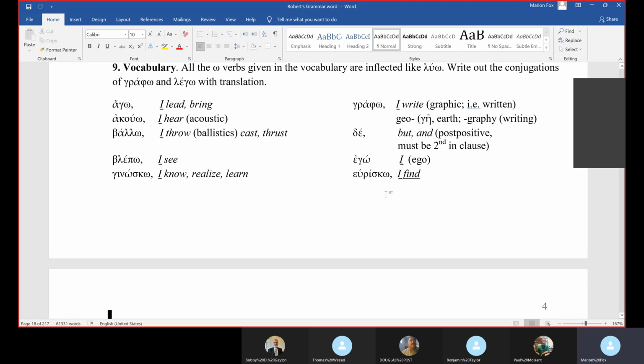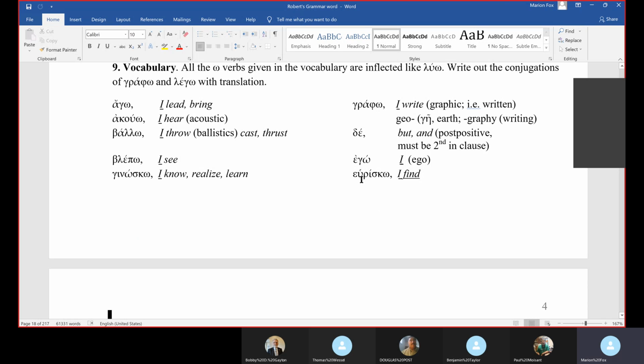And so if a man has an ego, he's a big I. He thinks he's it. Notice the accent is on the omega. But that omega is not a verb ending, and you can tell that because this is a pronoun. So there are some words that can end in omega and won't be a verb. Keep that in the back of your mind.